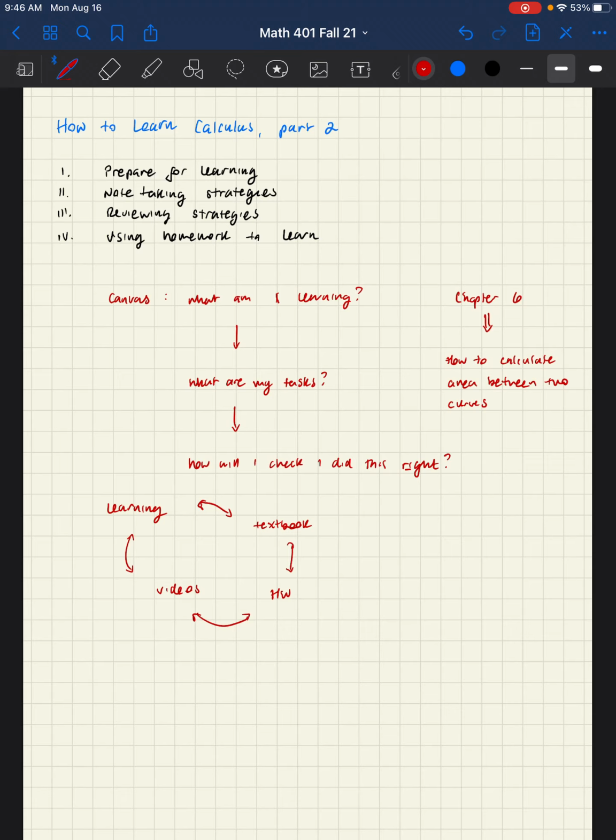This is all working together in tandem, okay? It's not watch the video, then read the textbook, then do the homework, and now you've mastered the skill. It doesn't work like that. And you know this, right? That's why you have to review. That's why you have to revise your notes and whatnot, okay? So that's all part of part 1, okay?